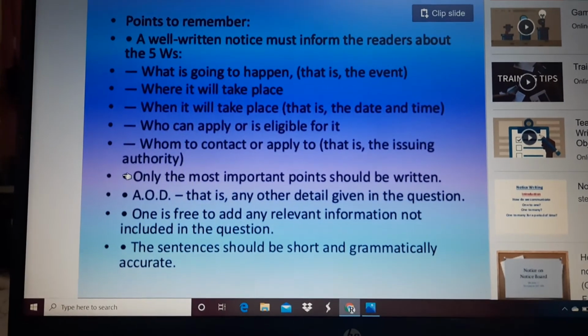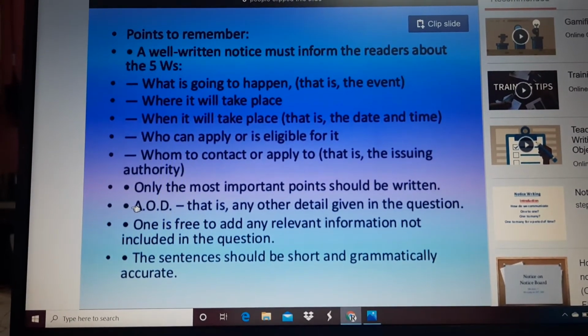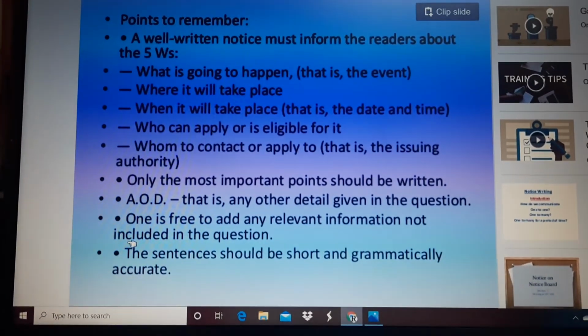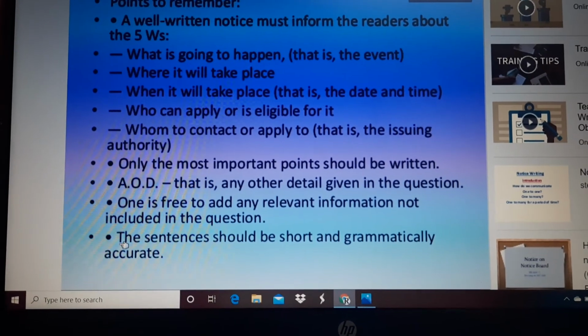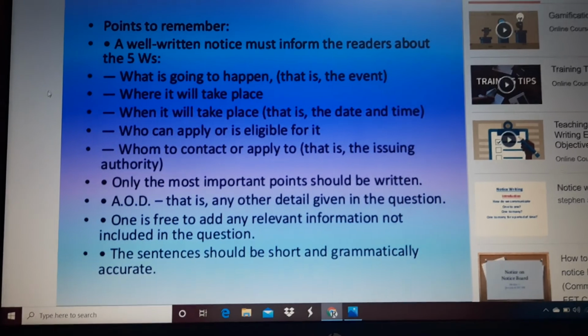Only the most important points should be written, and any other detail given in the question. One is free to add any relevant information not included in the question. The sentences should be short and grammatically accurate. So they should be short, correct sentences.